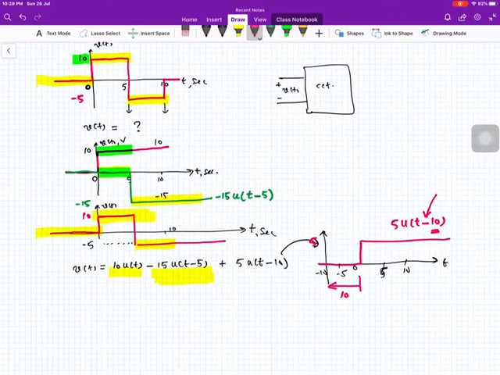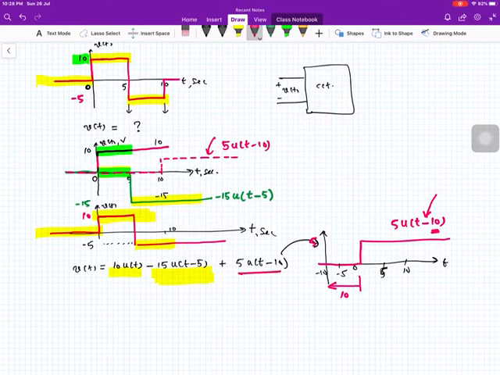Remember, if I show this signal on this waveform, just in a dashed form like this, and this signal is 5 ut minus 10, this signal, which is this.